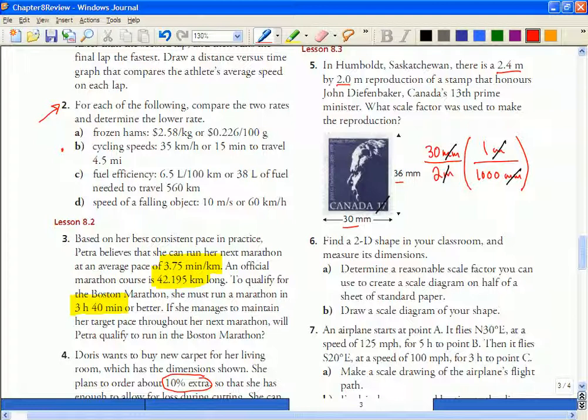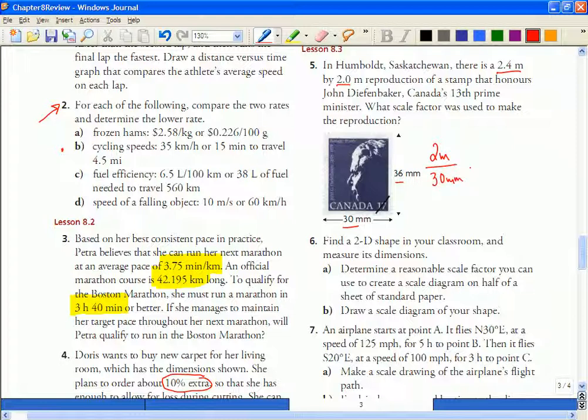You know what, my apologies. I need to make a small correction here. It's actually getting larger in the diagram. I've got my fraction upside down. I guess I'm just used to things getting smaller when we do scale problems.